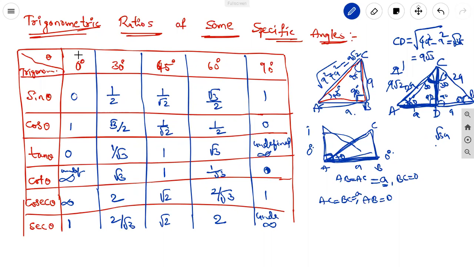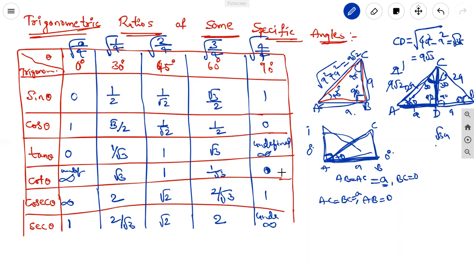Here you can take 0, 1, 2, 3, 4 as 0, 30, 45, 60, 90, and every number is divided by 4 and we take the square root. 0 by something is 0, root 1 is 1, 1 by 2, root 2 is 1 by root 2, root 3 by 2, root 4 by 2 is 1. Next, reverse of sine theta: 1, root 3 by 2, 1 by root 2, 1 by 2, 0.